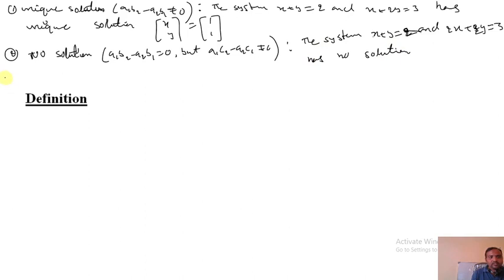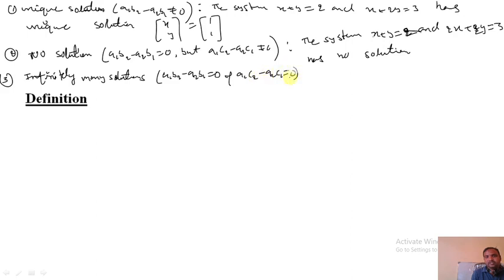So now the third one, infinitely many solutions. In that case, when a1 b2 minus a2 b1 equal to 0 and a1 c2 minus a2 c1 is also 0, both are 0, the system has infinitely many solutions.